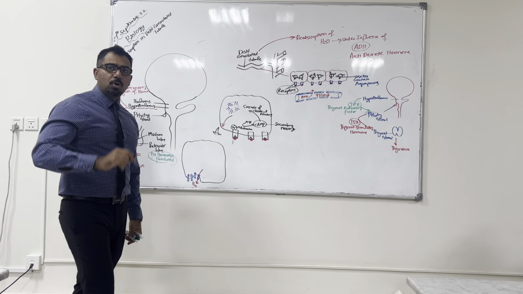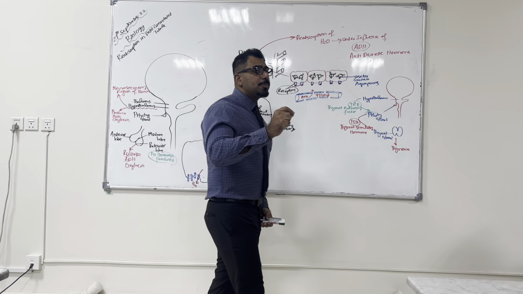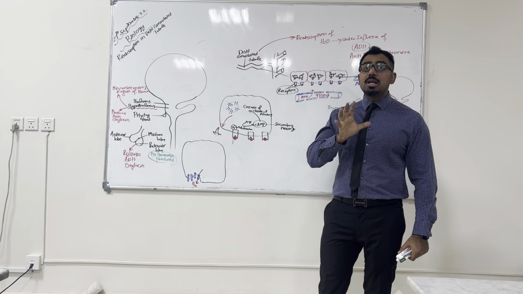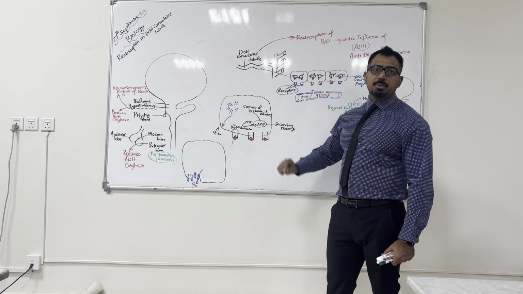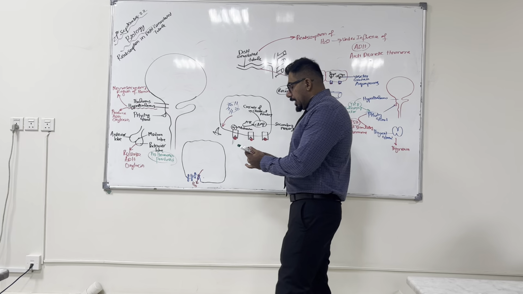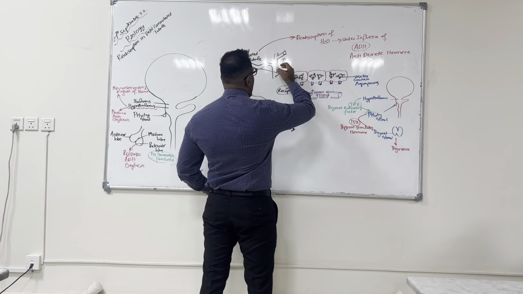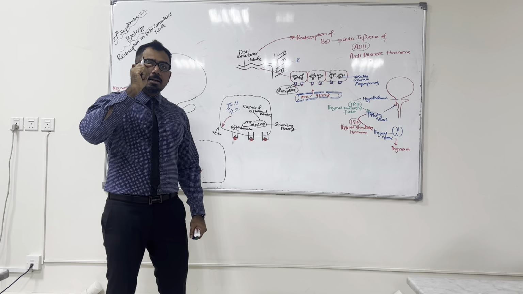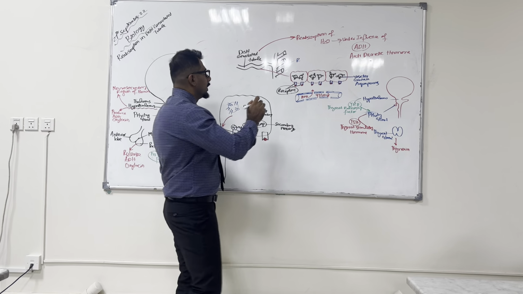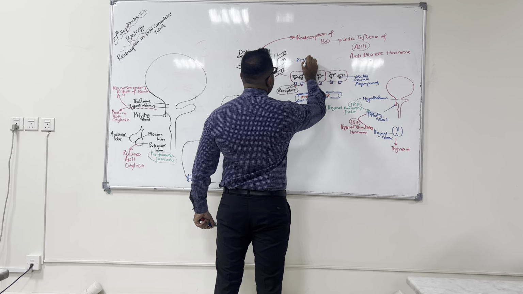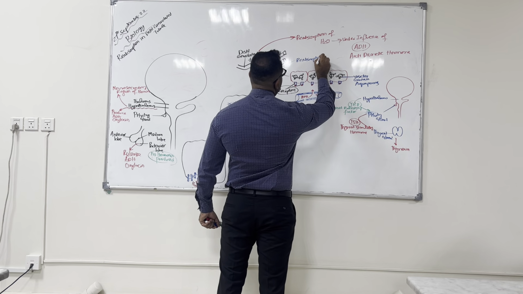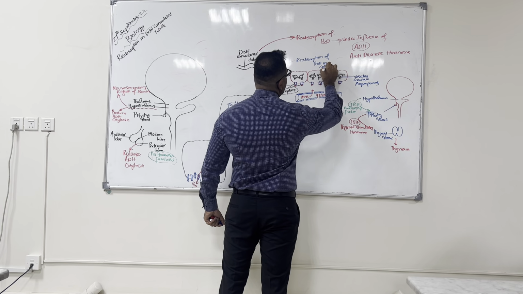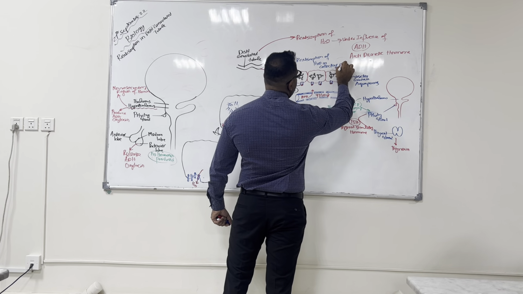Now, let me tell you one more thing. The reabsorption of water under the influence of ADH happens only where? In the distal convoluted tubule. But reabsorption of water can also take place at the site of collecting ducts as well. Reabsorption of water in collecting ducts.